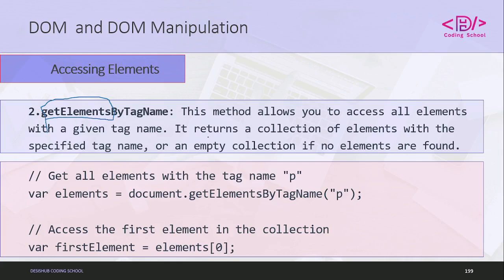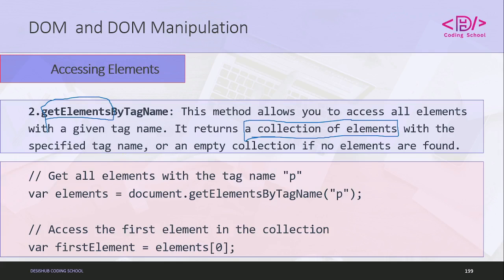So it means it returns a collection. A collection is just like an array, because arrays are a collection of elements. So when you say it returns a collection of elements, we are referring to something looking like an array with a specified tag name, or an empty collection if no elements were found.